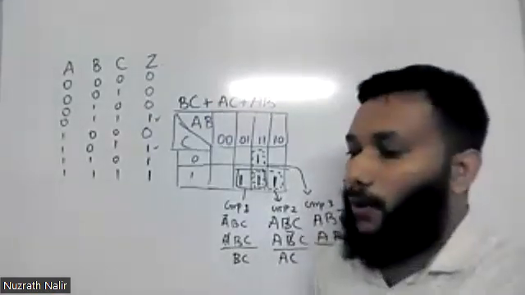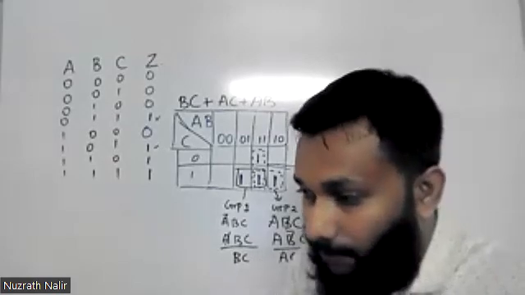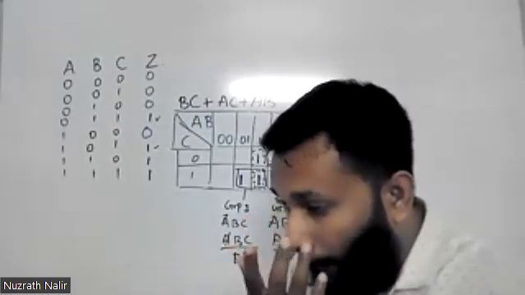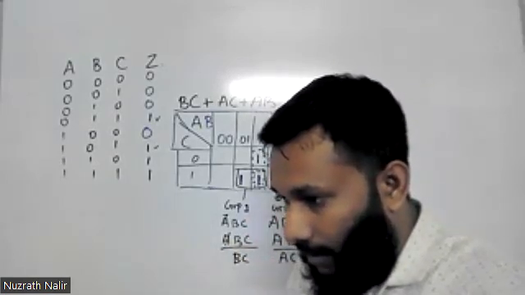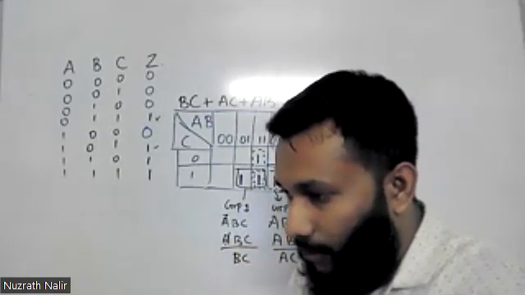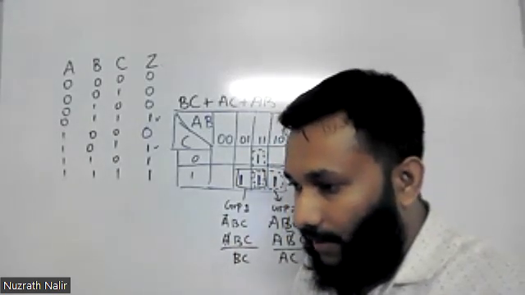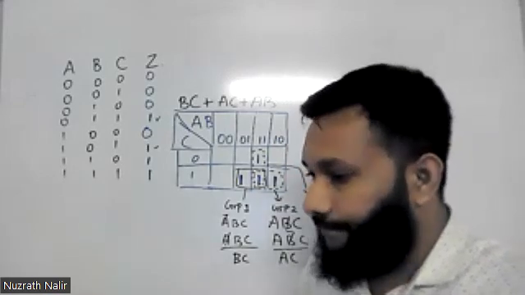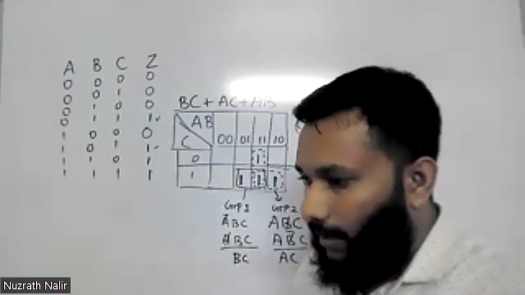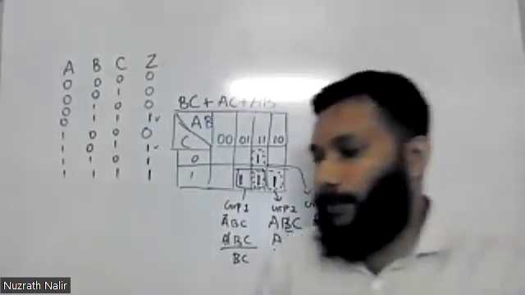NAND gates. Now, construct a logic circuit for the 3-input majority function using NAND gates only. Using a Karnaugh Map, derive a simplified Boolean expression for the output Z in the 3-input majority function. Here they mentioned constructing a logic circuit for the 3-input majority function.